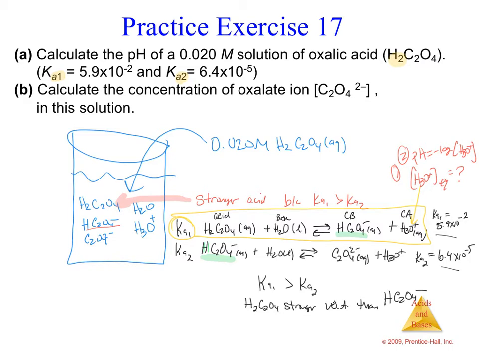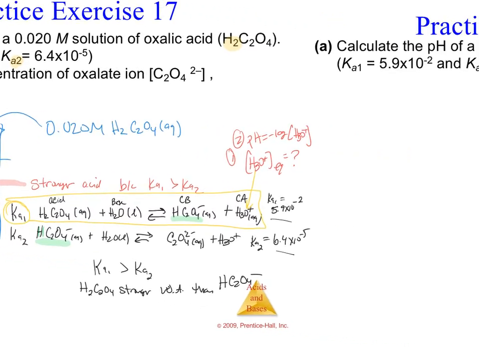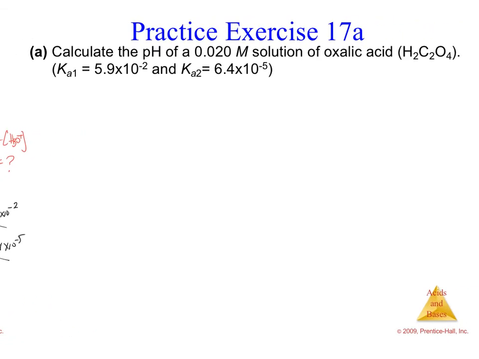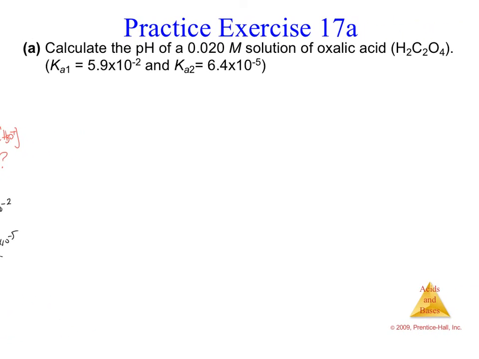Go to this next slide. Again, to get the pH of a polyprotic acid, we can focus on Ka1 only, assuming Ka1 is significantly larger than Ka2. So how do we get the pH of a weak acid?